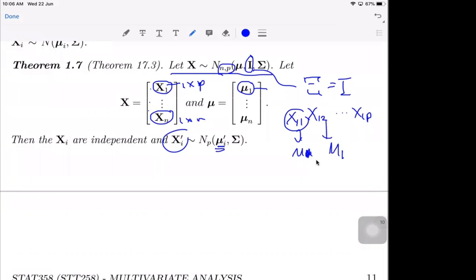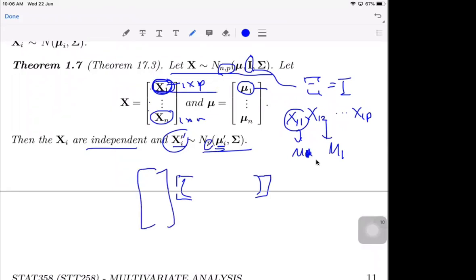So each of the xi's here are independent, and so x prime I here will be still normally distributed. So p by 1 man siya. So gi-prime kay ang katong papel din patindog. So that's why it's prime.